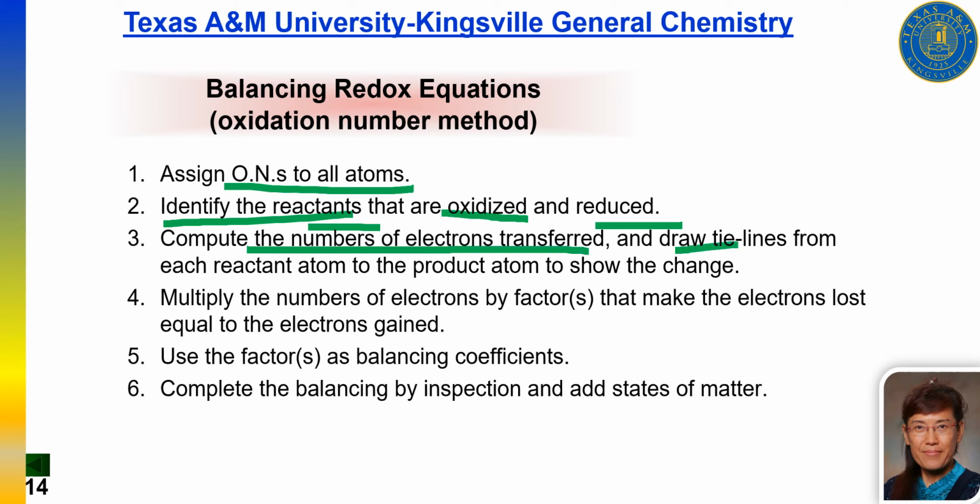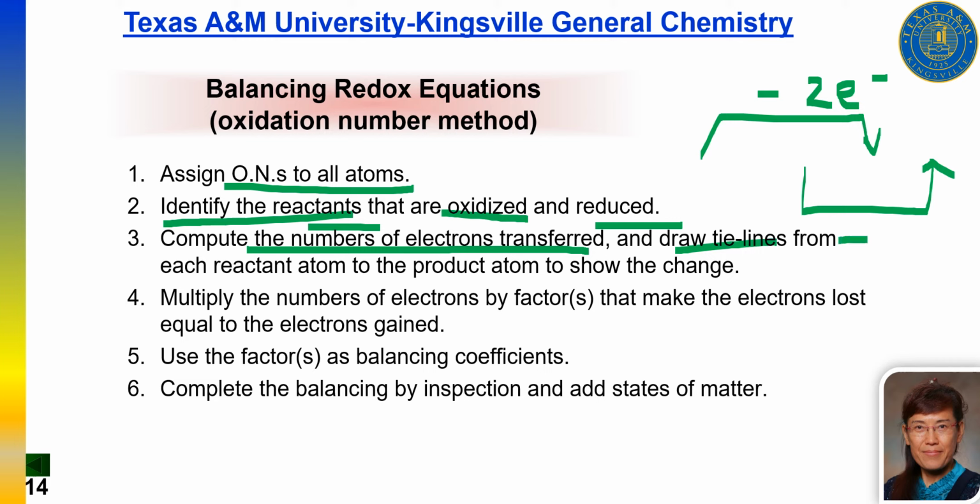You can draw the tie line. In the future, you draw something like this: lose 2 electrons, and some other substance gains, for example, 3 electrons. And then you need to balance the 2 and 3 by making it 6. So you compute the number of electrons transferred.